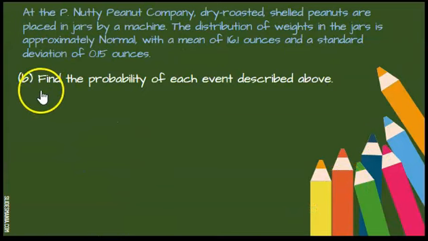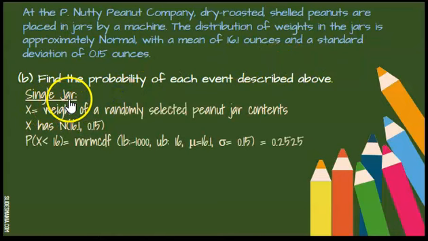So same question, but here's part B. Find the probability of each event as described above. The first one is, what's the probability of a single jar weighing less than 16 ounces? If X is the weight of a randomly selected peanut jar and its contents, it's one jar. We know from the question that it has a mean of 16.1 and a standard deviation of 0.15, and that it's normally distributed.